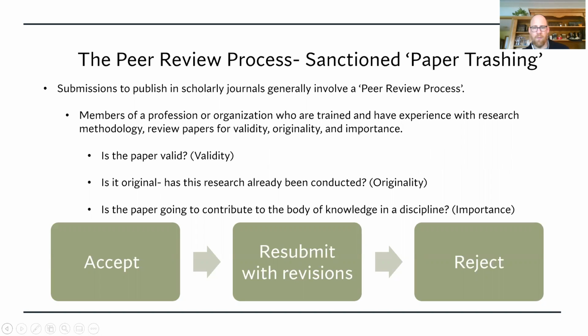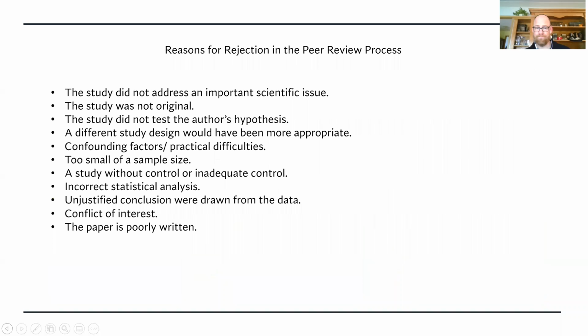The peer review process typically results in one of three decisions: acceptance of the manuscript, resubmission with revisions, or rejection. This is extremely common, and it's also extremely common to have to resubmit at least once or more.